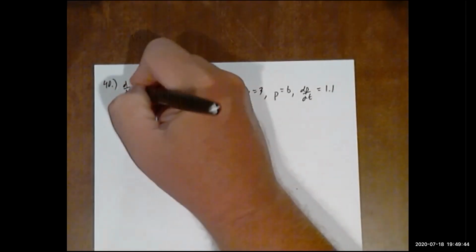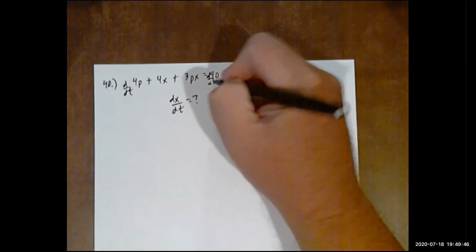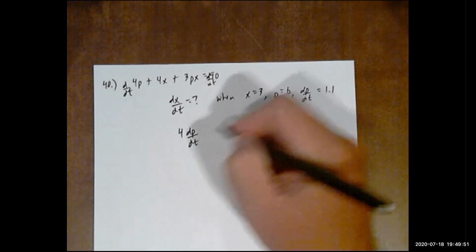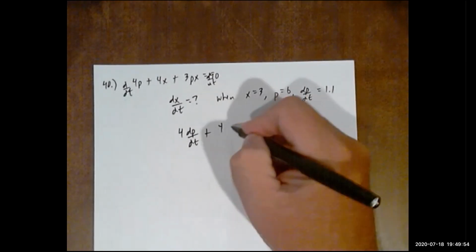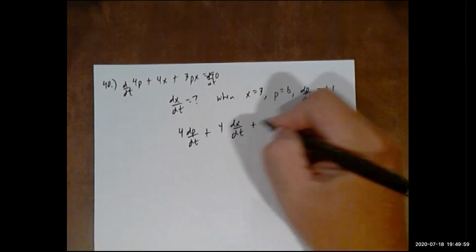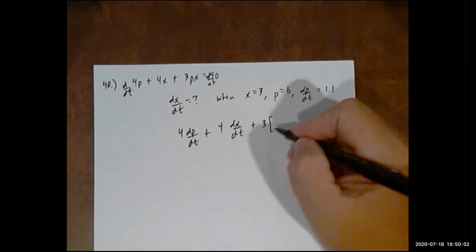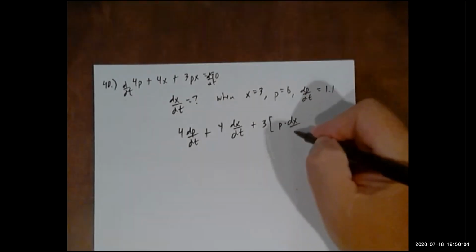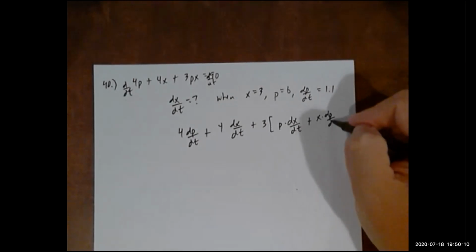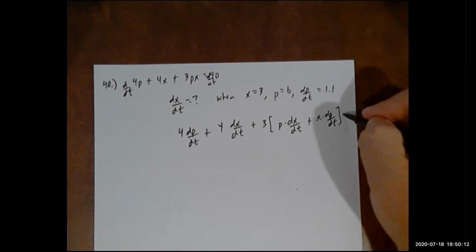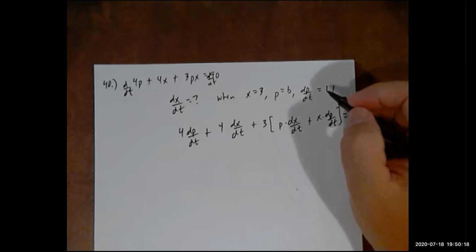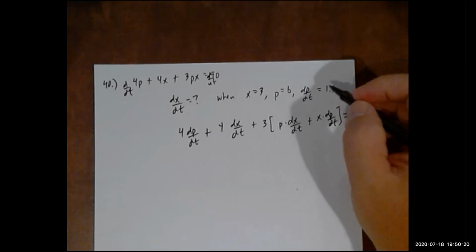Derivative of both sides of this equation with respect to time. 4 dp/dt plus 4 dx/dt. Now I'm going to have to use the product rule: the first times the derivative of the second plus the second times the derivative of the first. Instead of solving this thing, let's just plug in all the numbers we have.